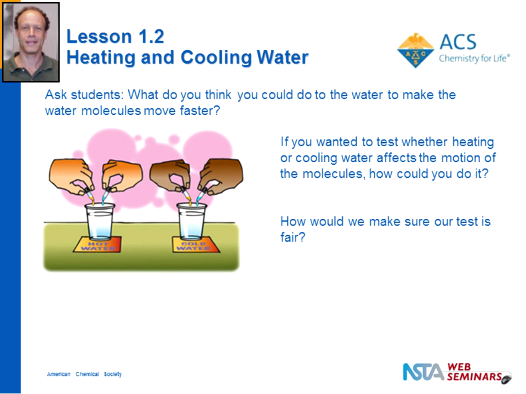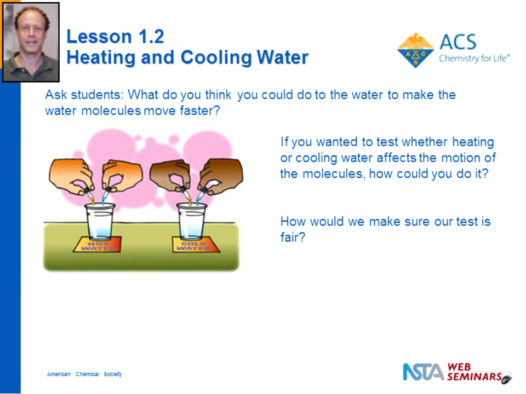There we are. So what we do next is, this picture kind of gives it away, but we ask kids, how could we test whether heating or cooling a liquid has any effect on the speed of molecules?